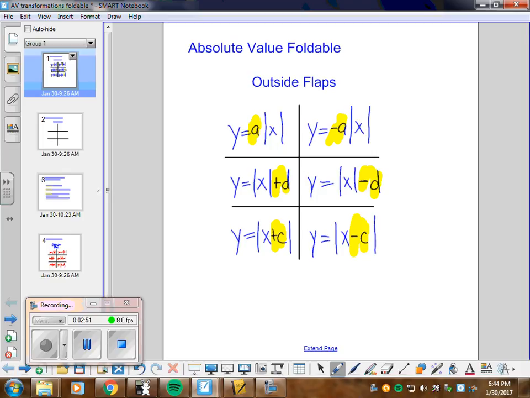We made it yesterday, so everybody should have the foldable out, filling in flaps 1, 2, 3 down the left-hand side, and flaps 4, 5, 6 down the right-hand side. I'll give you another minute to copy that down. Make sure you have everything before we start on the inside.